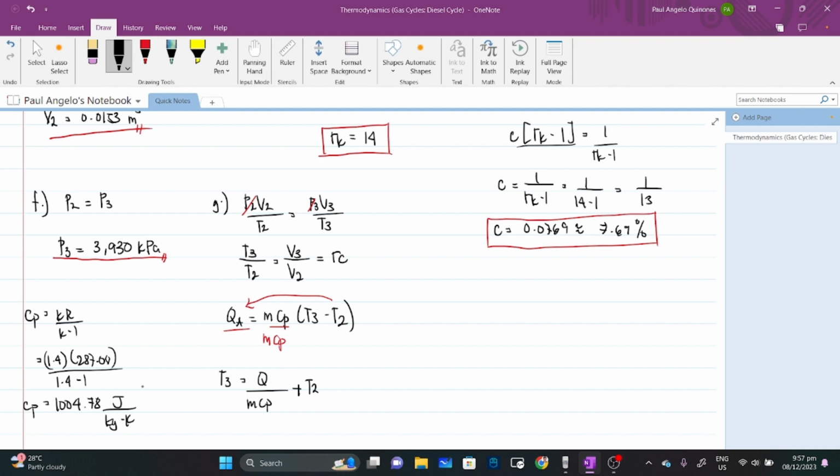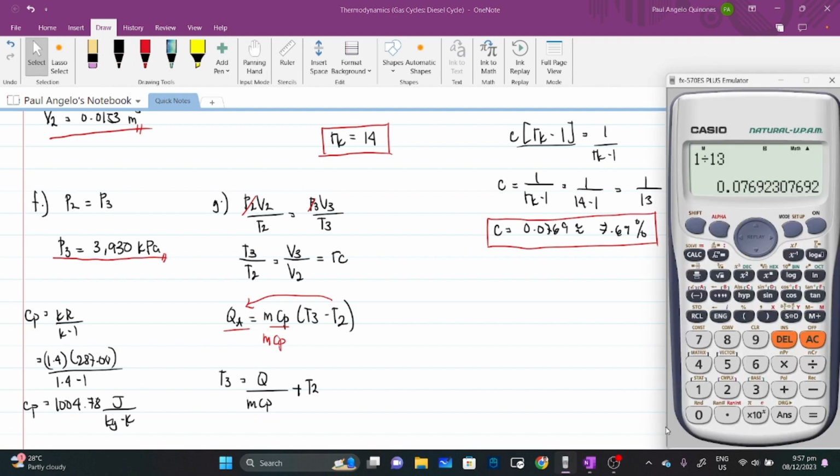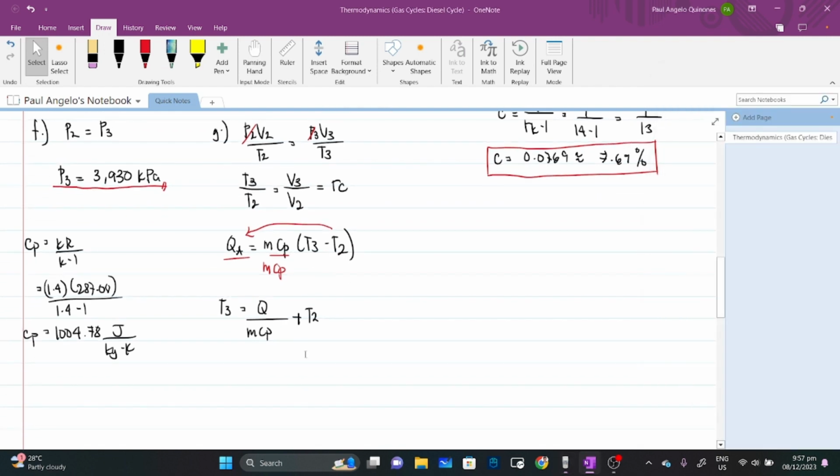Okay, if you want to verify, we can do that. So 1.4 times 287.08, divided by 1.4 minus 1, so that is 1004.78. Okay, so now we can substitute our known values in the equation.